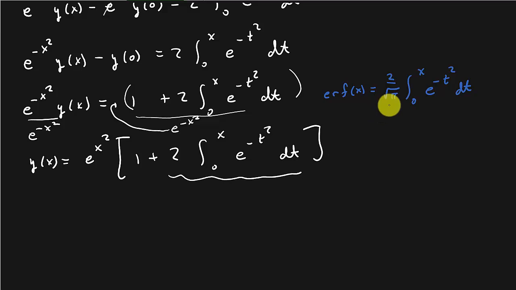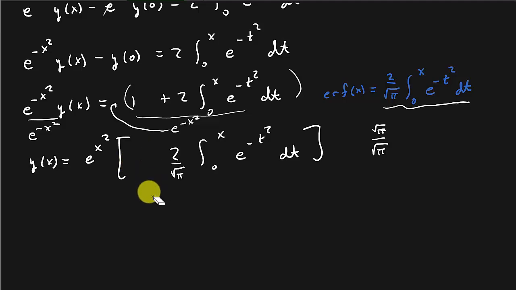You can see that this right here and this right here almost look the same. We need a square root of pi down here. So what if we multiply this thing right here by square root of pi over square root of pi? So this would be what? Square root of pi, right? Okay. So this I'm going to multiply by square root of pi out here.